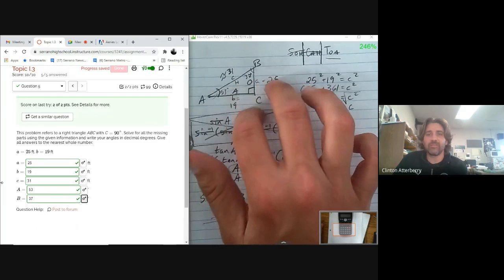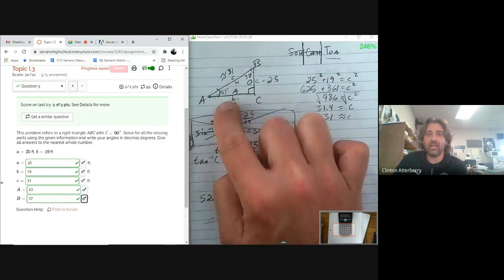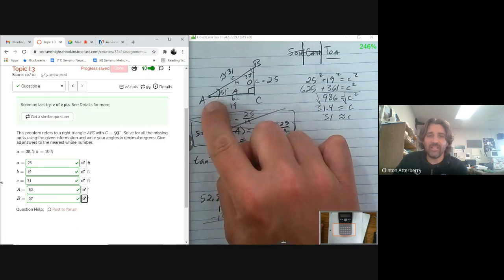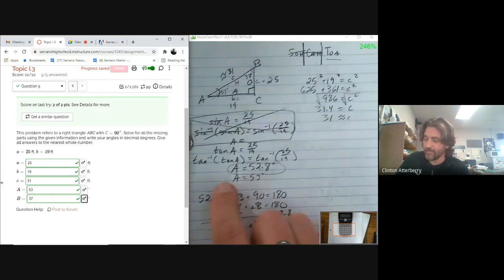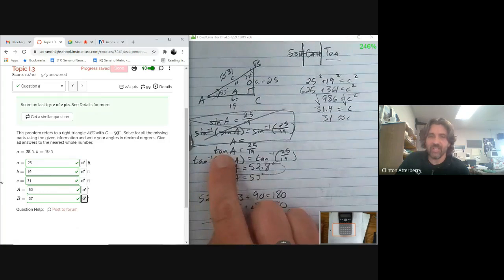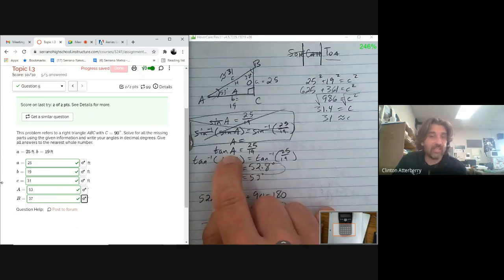These two pieces, 25 and 19, are opposite and adjacent in reference to angle A. So I said the tangent of A is 25 over 19. But to unlock that angle measurement, I've got to do the inverse tangent to both sides.